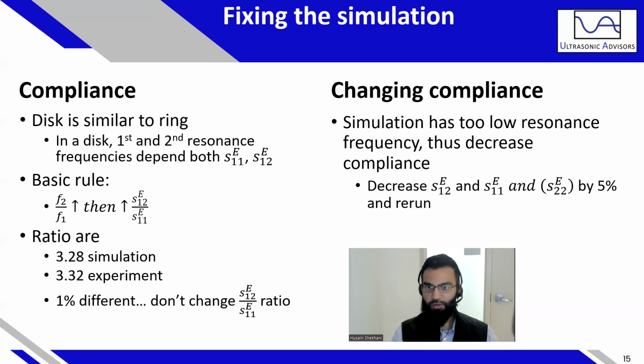So the simulation has too low a resonant frequency, therefore I need to decrease the compliance. Compliance is like softness, so basically you're making it stiffer, therefore you're increasing the resonant frequency. So I decrease both of them by the same amount. And in COMSOL, there's this S22, which you also have to populate. Remember, S22 is just S11, so you have to put that in again.